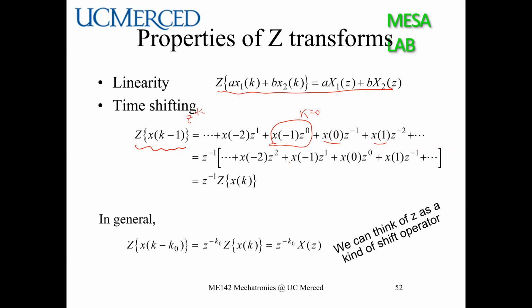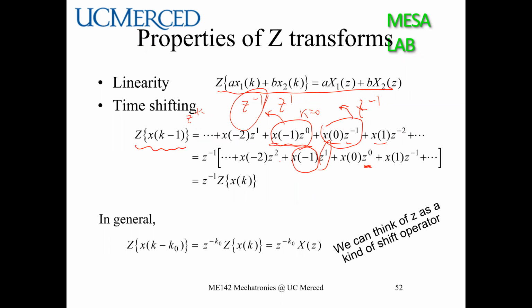Then this term is supposed to be Z to the 0, so I need to give a Z to the 1 left for this term. The same is true for this term: if I pull out Z minus 1, what's left is a constant.